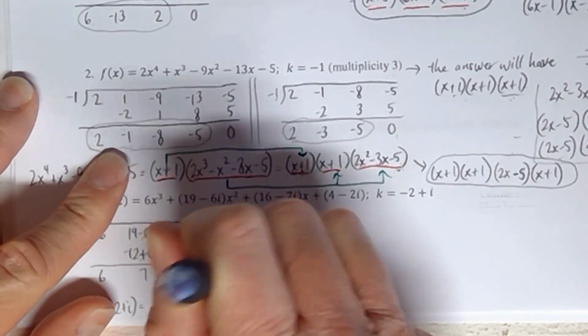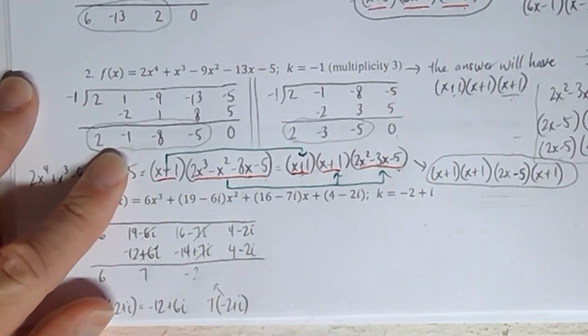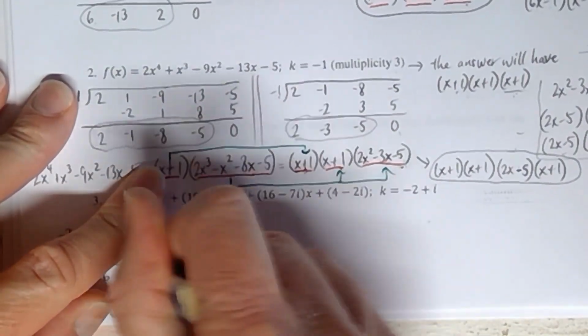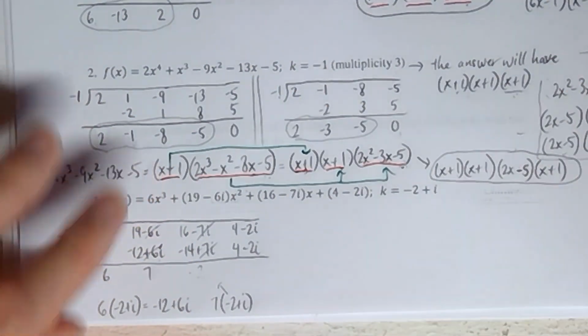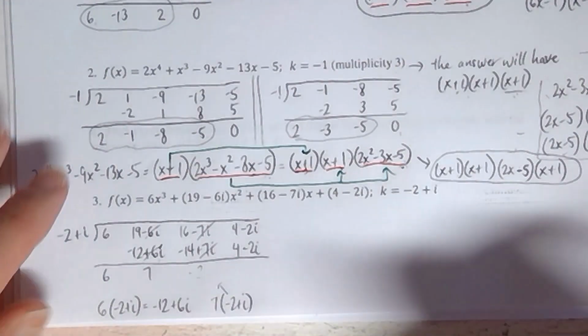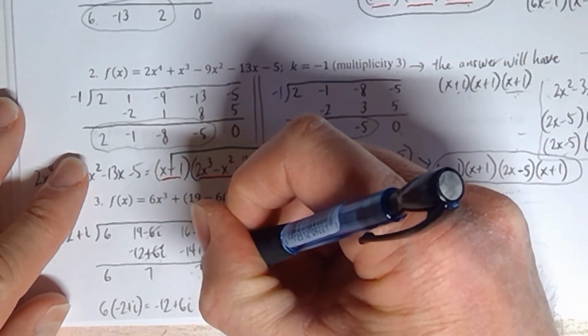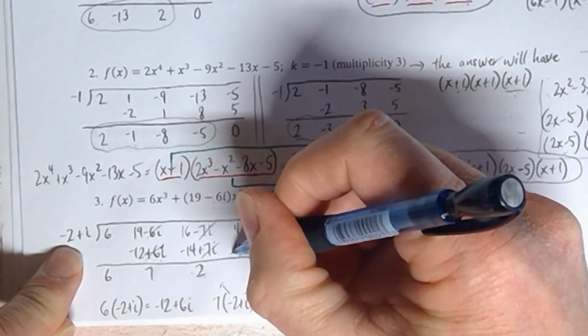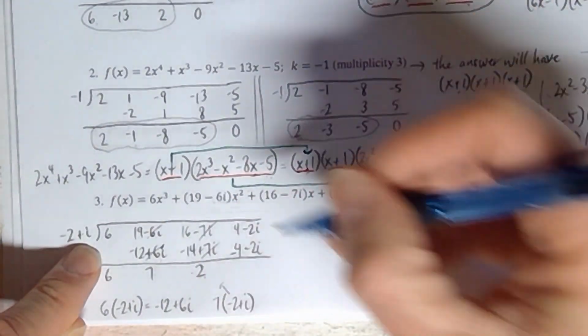This is not negative 2 here. It is positive 2, and my eraser's getting really bad now. I think we got that sufficiently erased right there, and that's now positive 2. If I distribute positive 2, I now get negative 4 plus 2i.